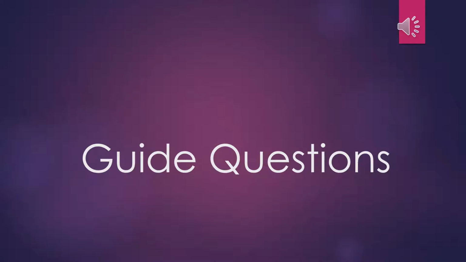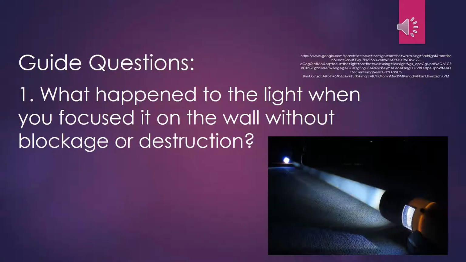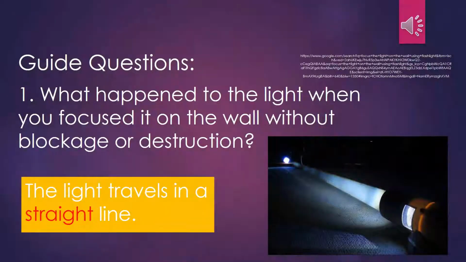Here are the guide questions for our activity. What happened to the light when you focus it on the wall without blockage or distraction? The answer is the light travels in a straight line.